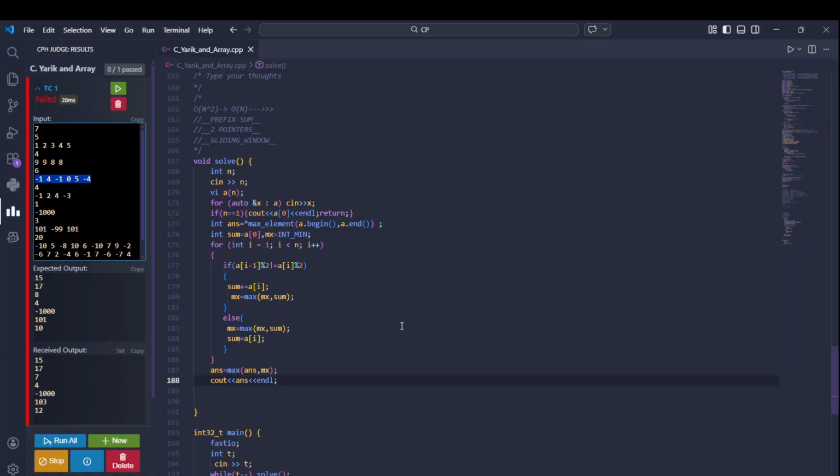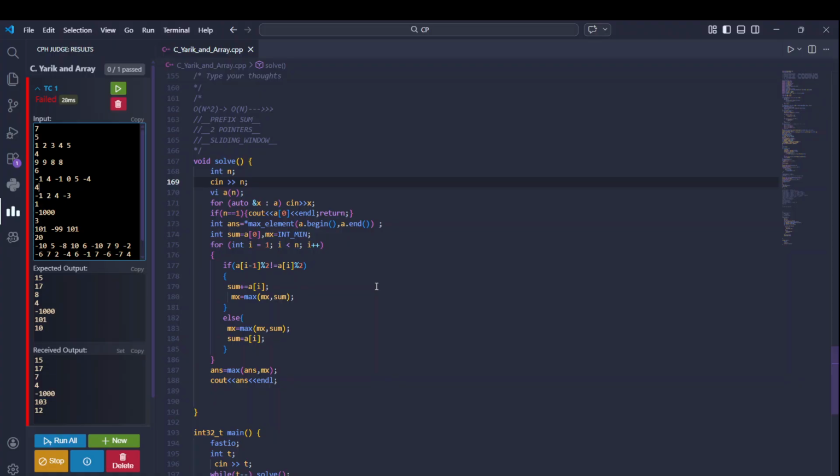I'm not excluding this kind of thing. For that, I have to run two loops now. That's the problem.